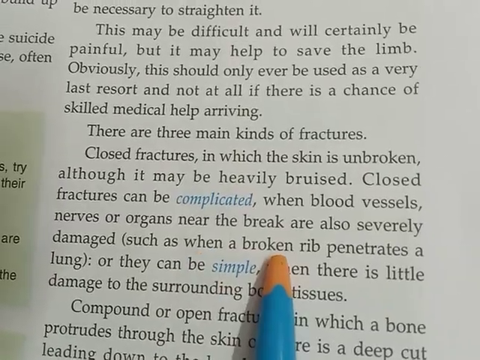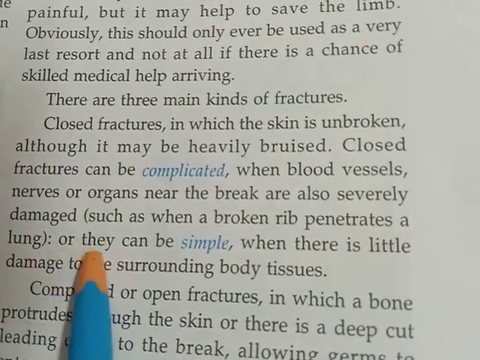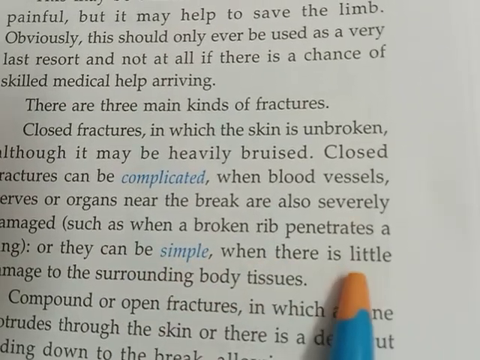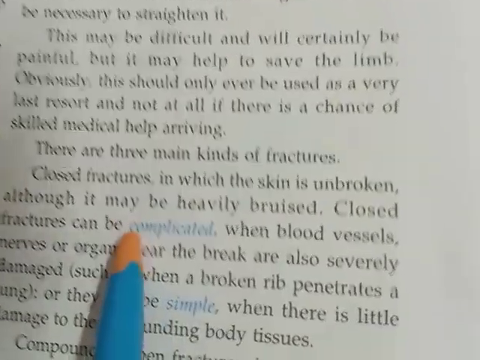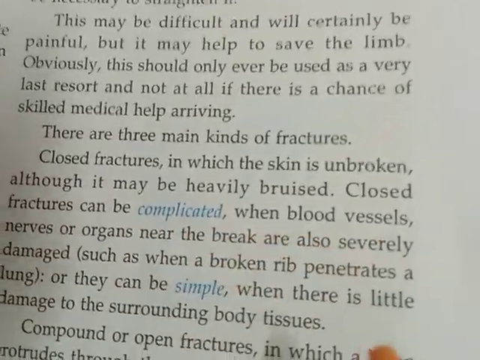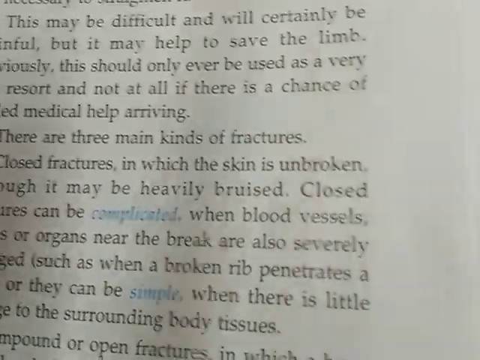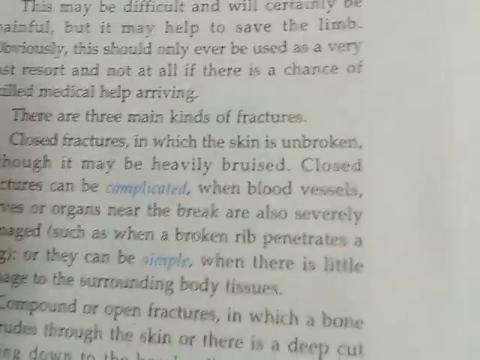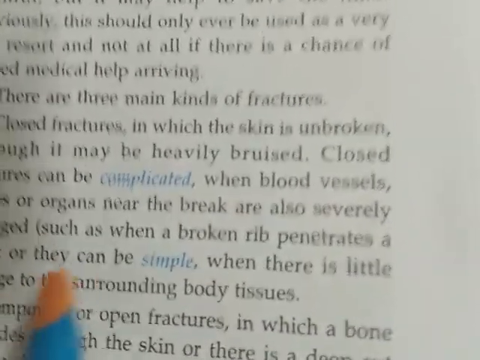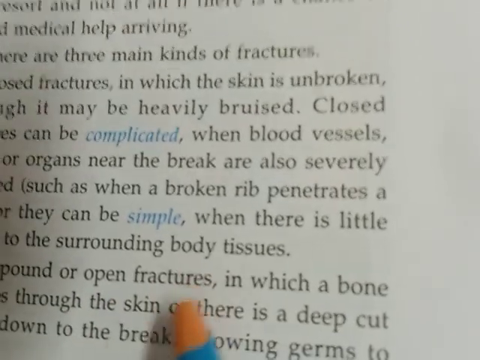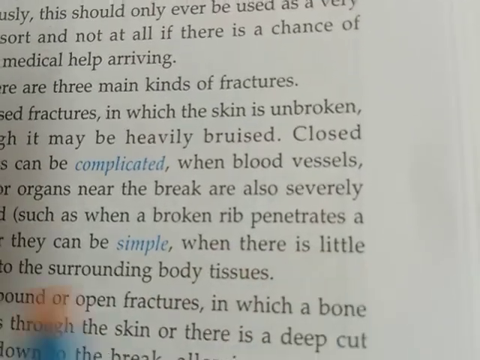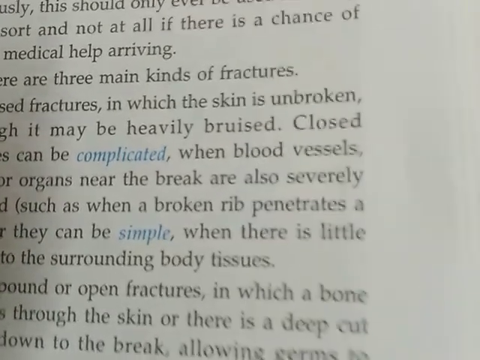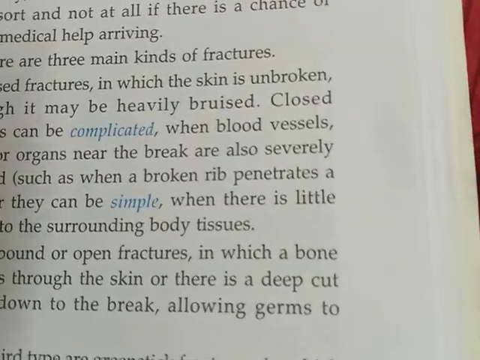Such as when a broken rib penetrates a lung, or they can be simple when there is little damage to the surrounding body tissues. It is complicated when it damages the surrounding organs and blood vessels, and the fracture may be simple. Another type is the simple fracture, when there is not much damage to the surrounding body tissues.